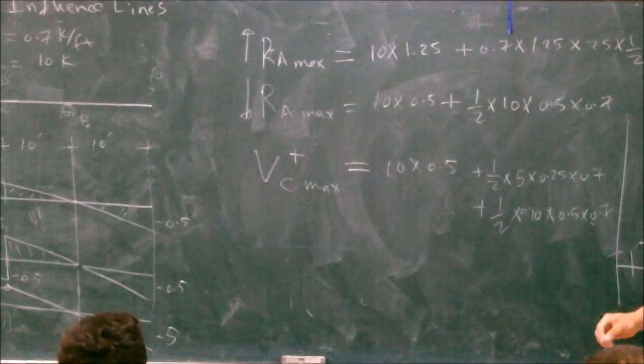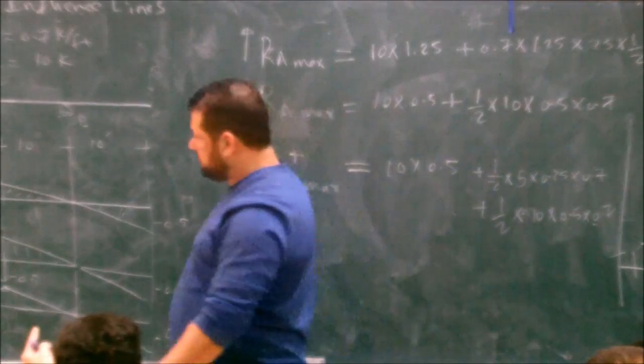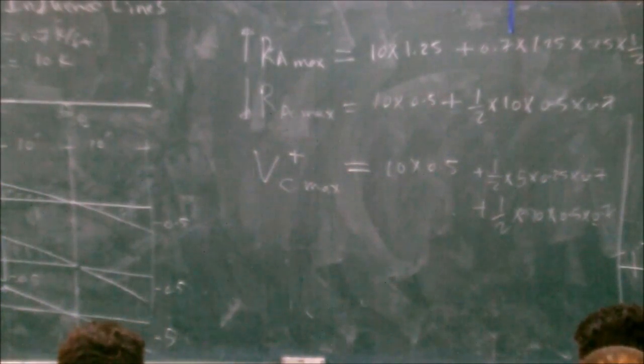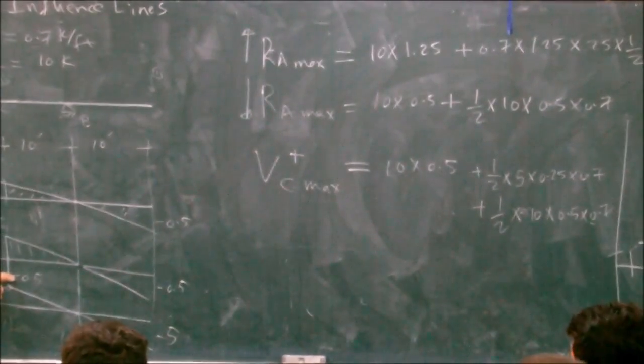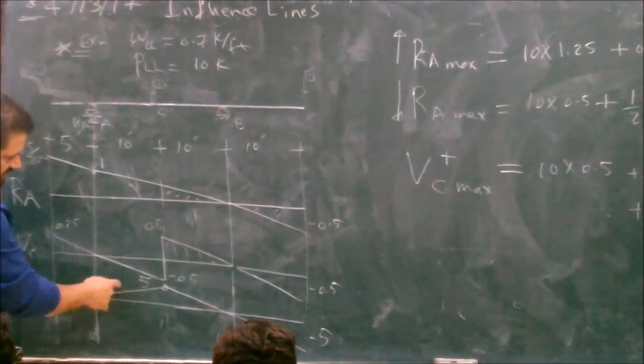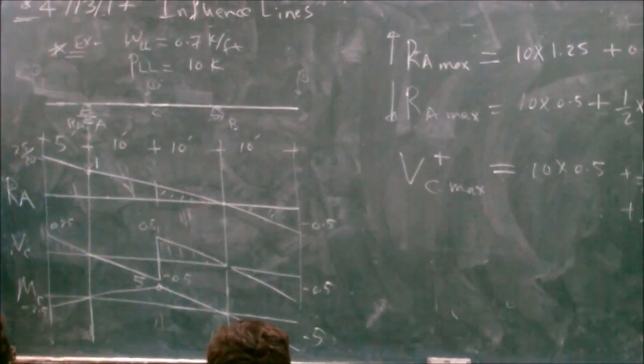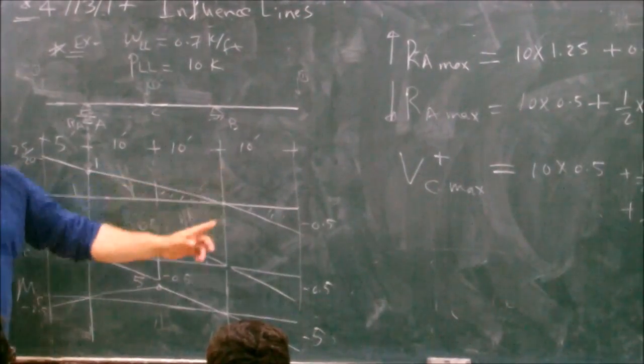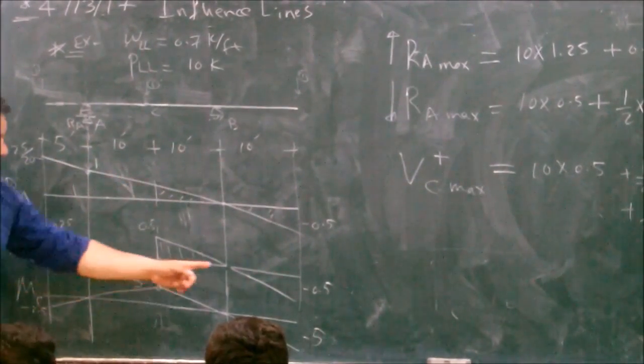That's the maximum shear. What's the maximum negative shear? 10 times minus 0.5 plus. Which one is bigger, negative shear or positive? Negative, the more negative area.